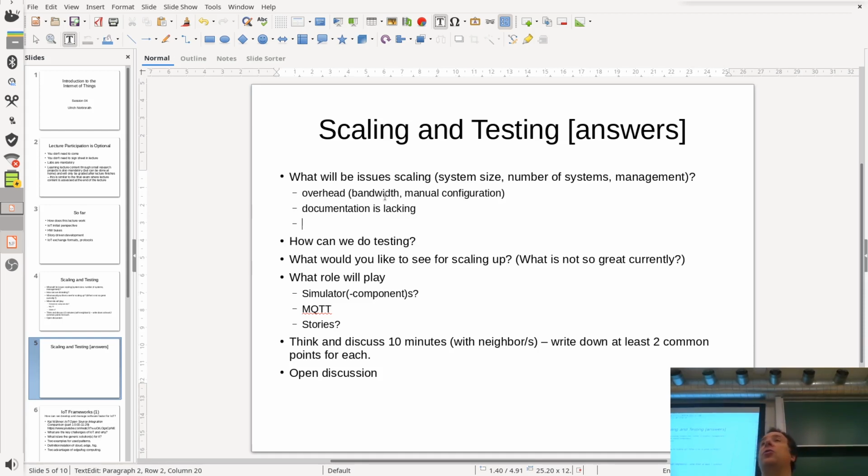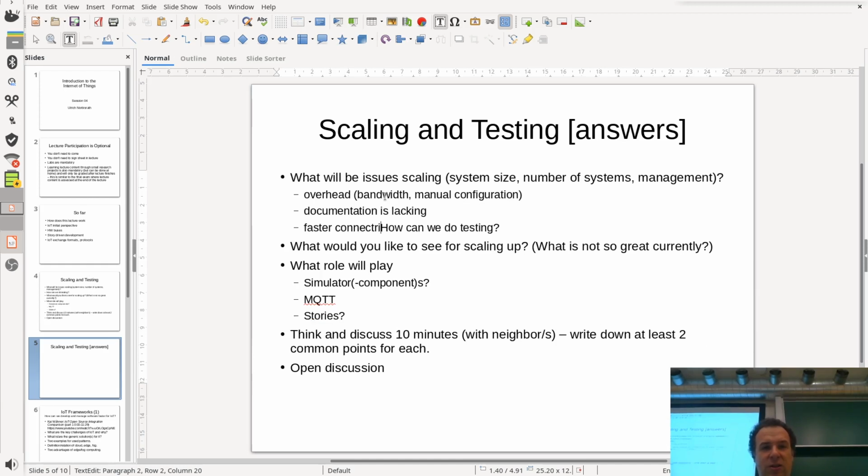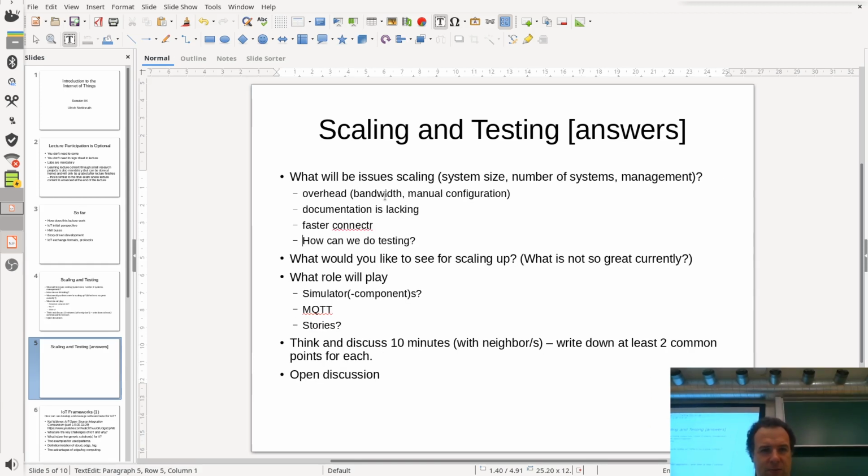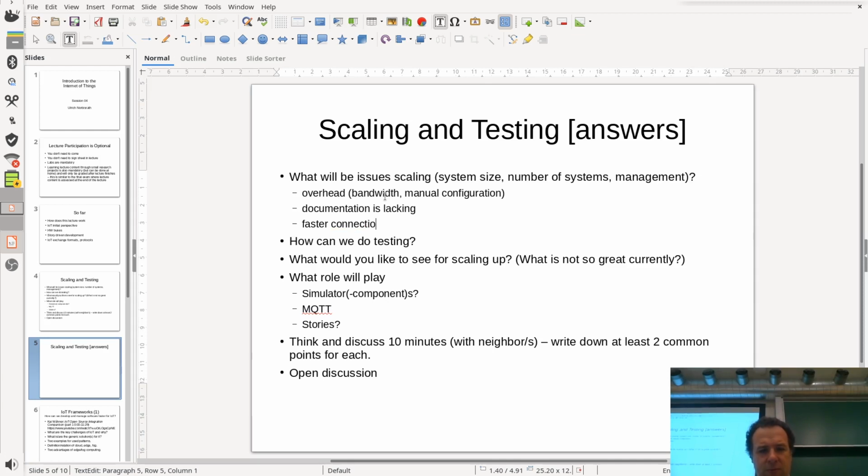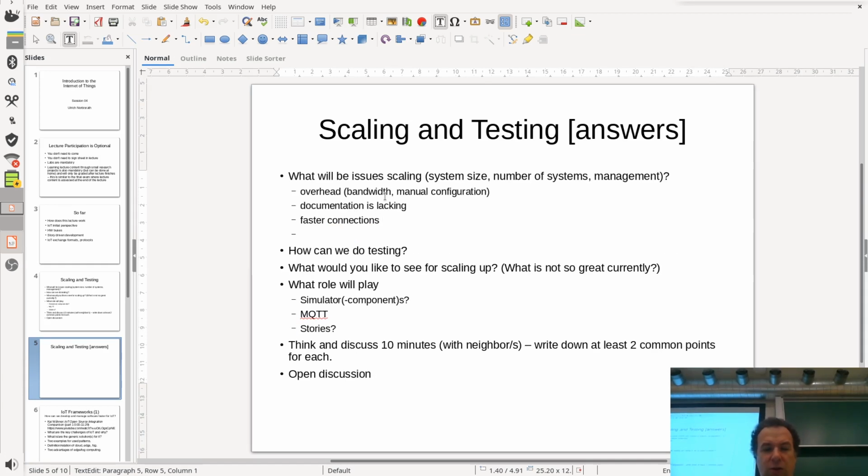Morgan, other issues? You had some pretty good points. We need faster connections to our servers or devices. Faster connections, yeah, and you also hinted at privacy and security.